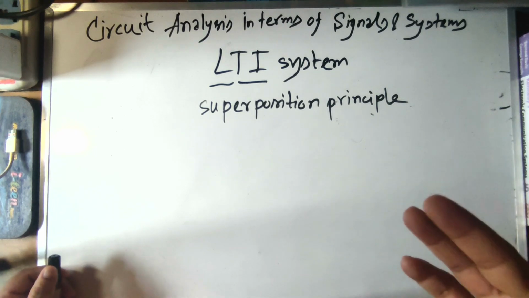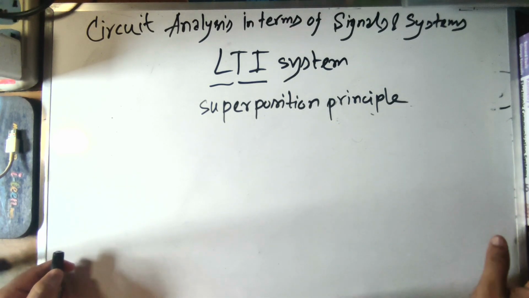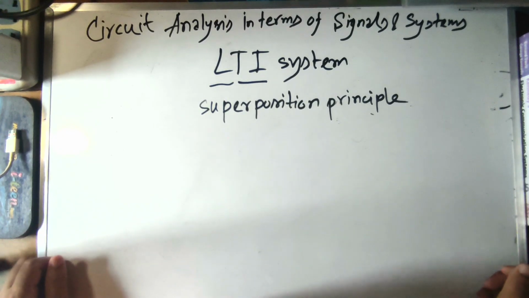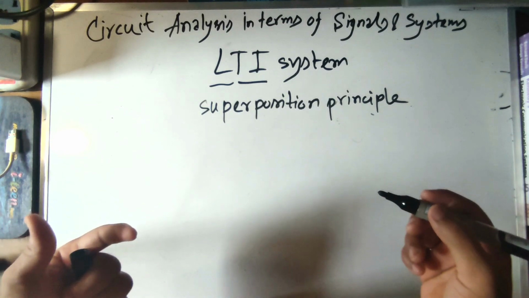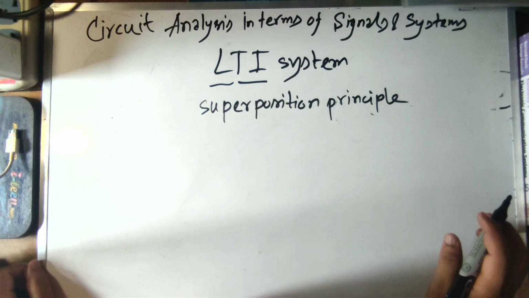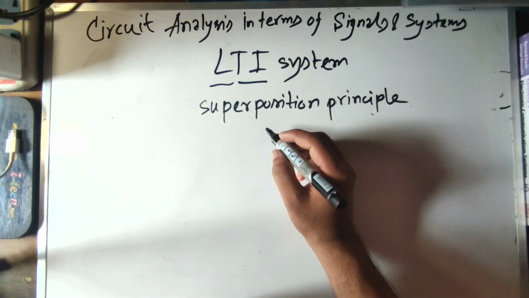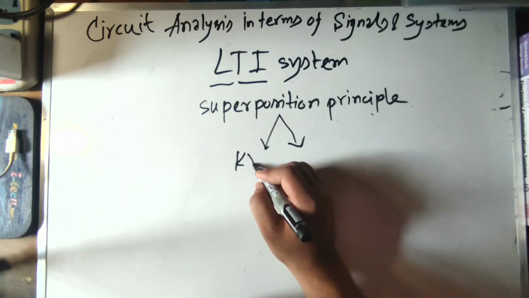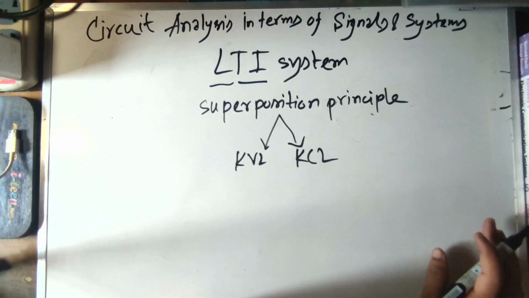What is the relation between the elements under the superposition principle, we will discuss now. Using superposition we are able to find Kirchhoff's laws. If you ponder closely, KVL and KCL are direct applications of the superposition theorem.